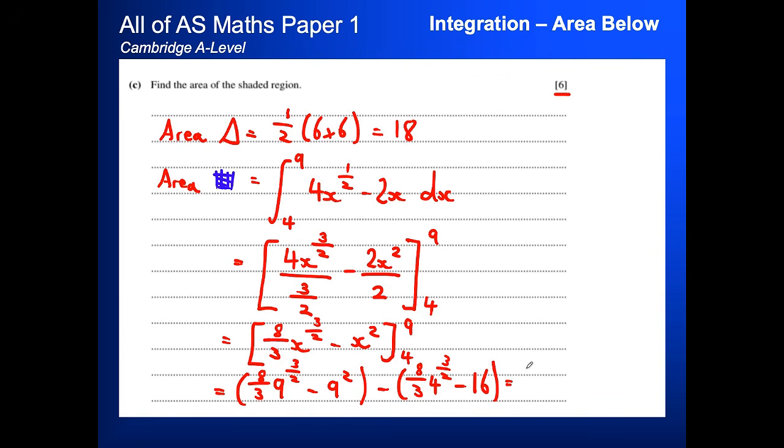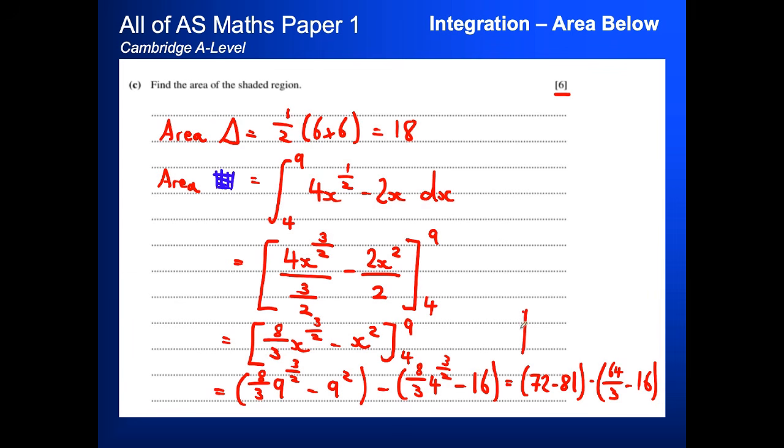And all we need to do is work this part out at this point. So square root of 9 is 3, 27. 27, that cancels, so that gives us 72. So 72 minus 81. Minus, and square root of 4 is 2. 2 cubed is 8. That's 64 over 3. And you can use your calculator to help you here. Minus 16.